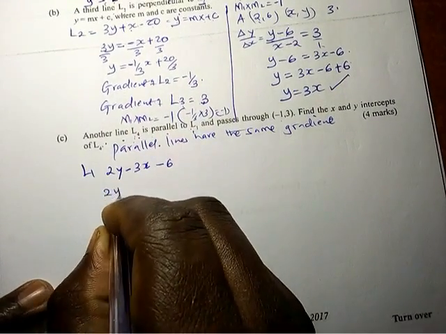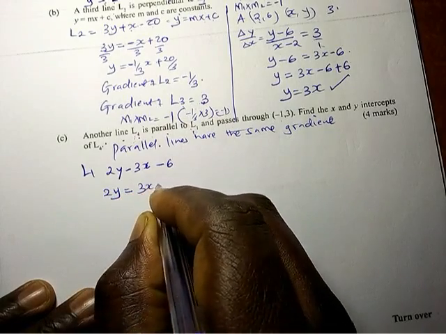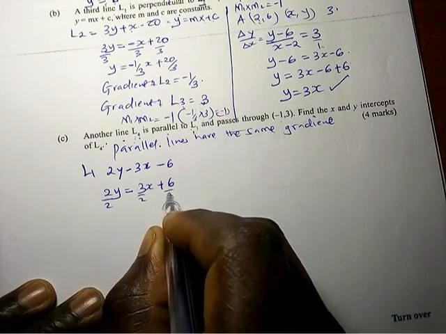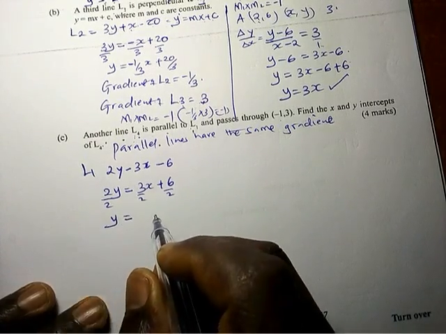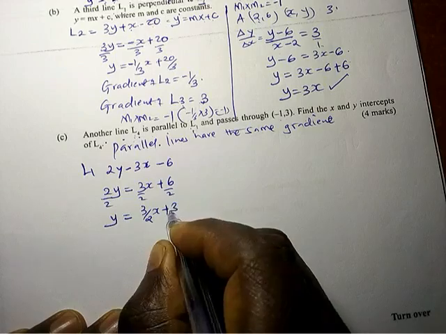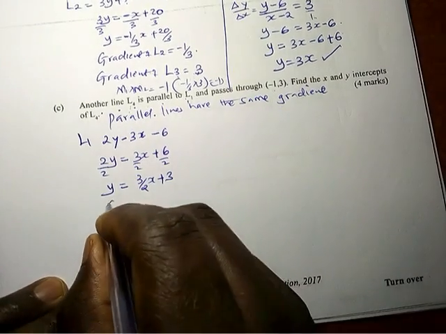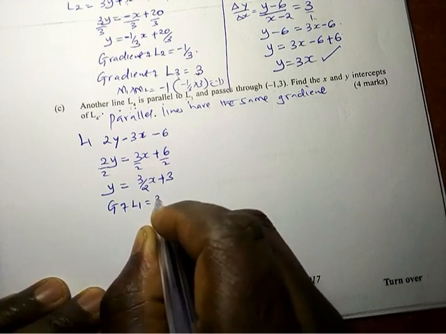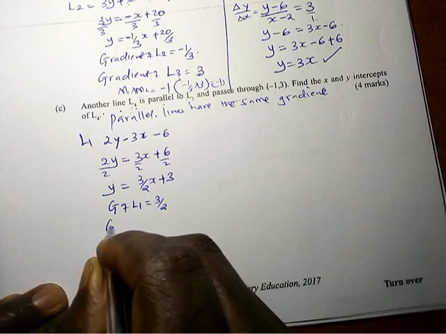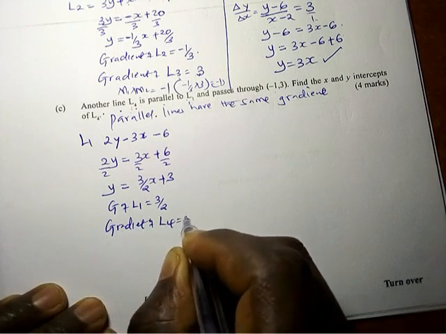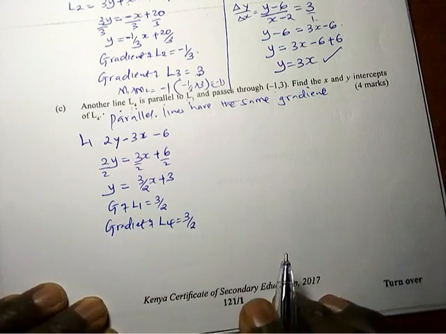So 2y is equal to 3x plus 6, divided by 2 throughout. So y is equal to 3 over 2 x plus 3. So the gradient of L1 equals 3 over 2. So the gradient of line 4 is 3 over 2 because they have the same gradient.